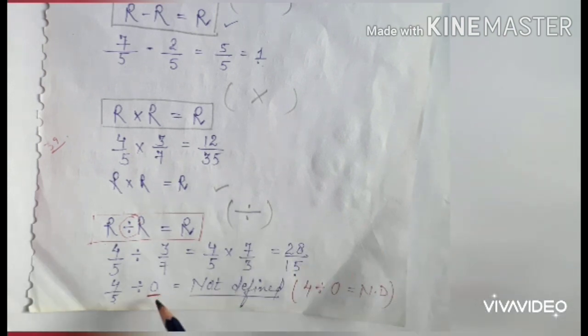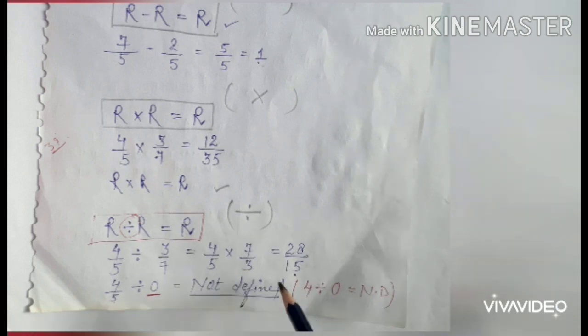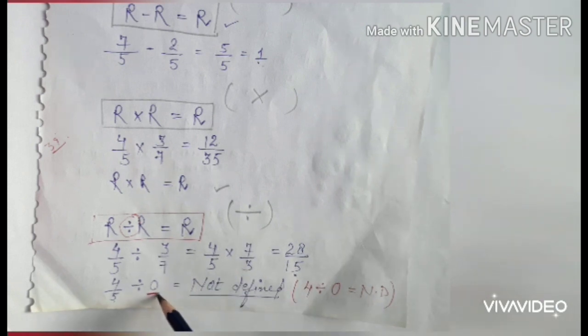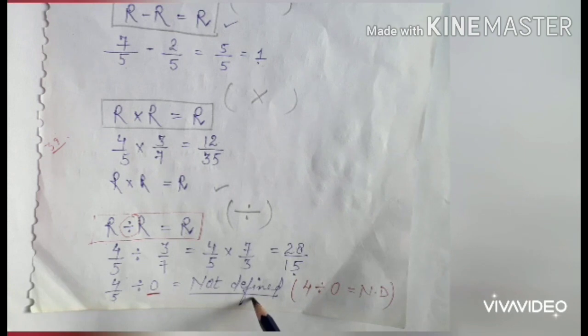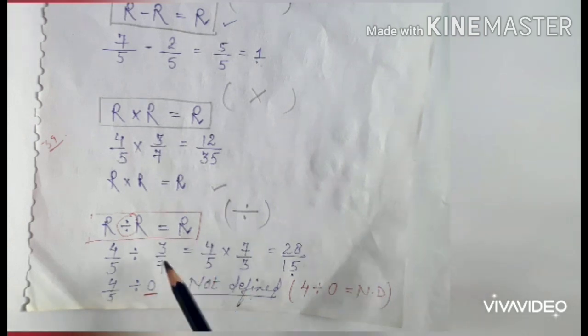But when we divide 4 upon 5, a rational number, by 0, and I have told you that 0 is also a rational number, we get the value not defined. When we divide any number by 0, the value is not defined. That means all rational numbers are closed under division except 0.